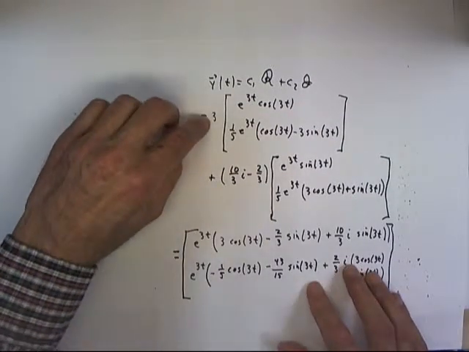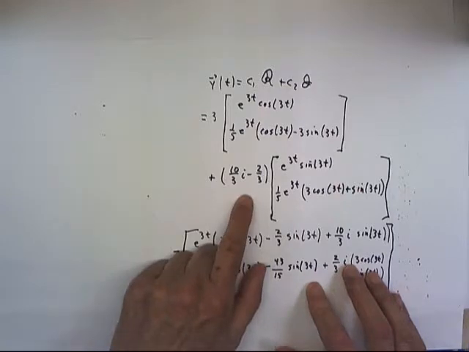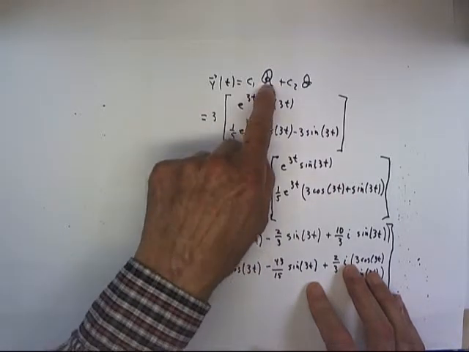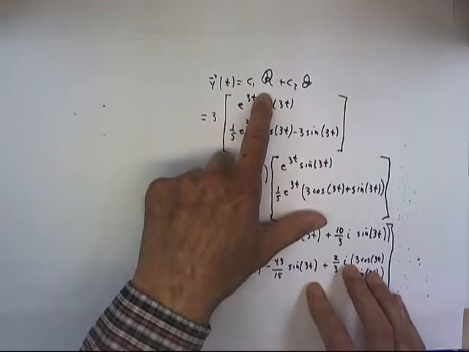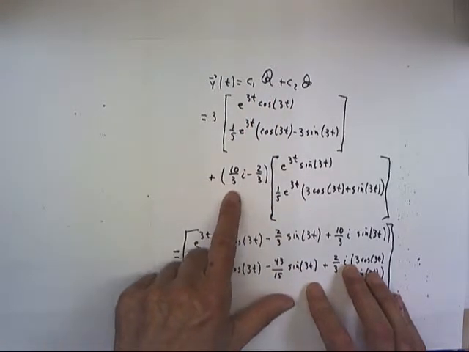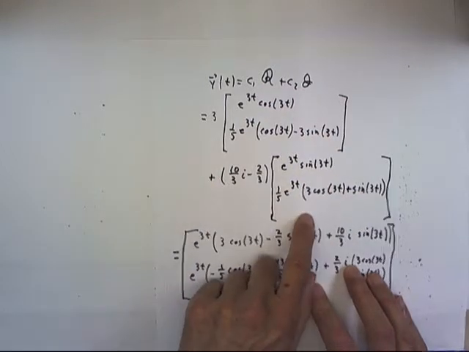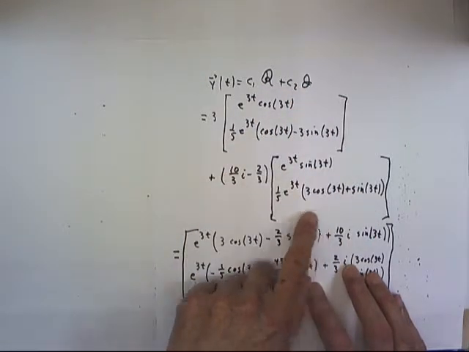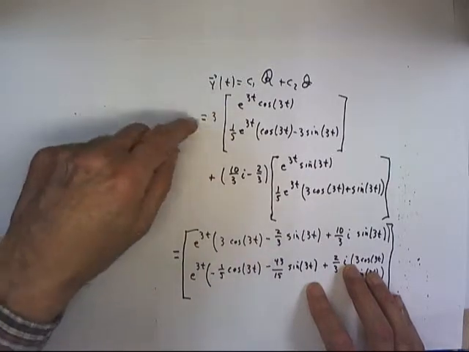So again, C1 being 3, C2 being 10/3 i minus 2/3, C1 times our real part, and C2 times our imaginary part of our first solution gives us this.